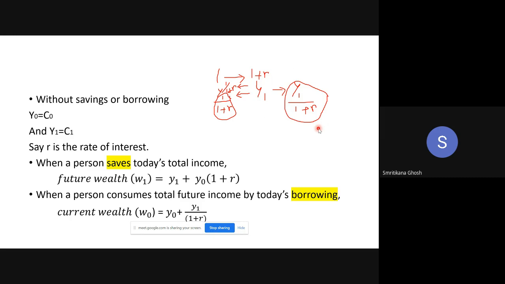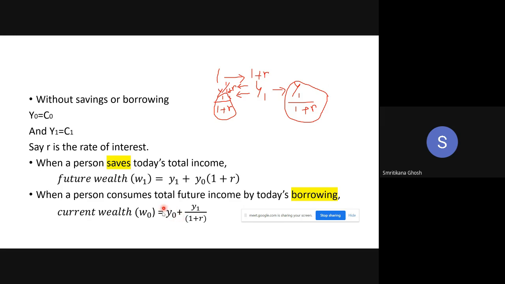As my objective is to maximize current wealth, I am going to borrow Y1 by 1 plus r. And Y0 is definitely there because this is my current income. So current income plus the borrowing based on future income is the maximum current wealth the consumer can get.